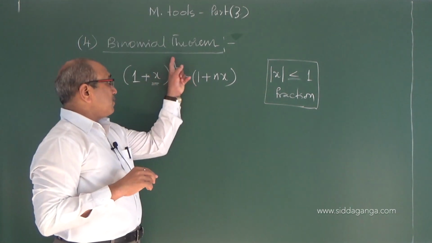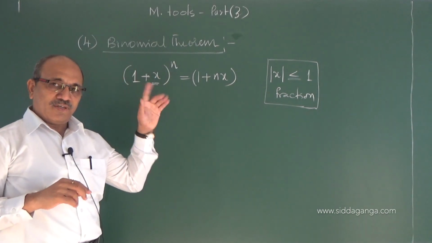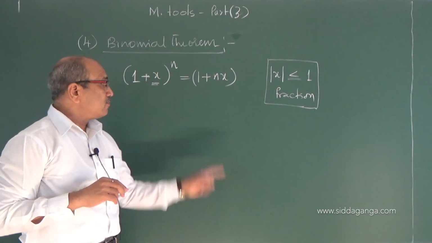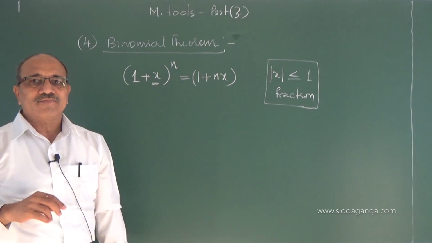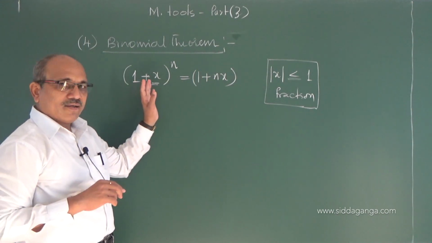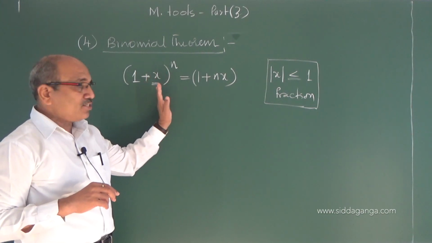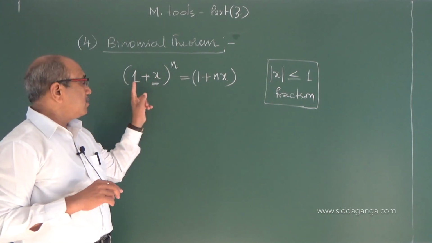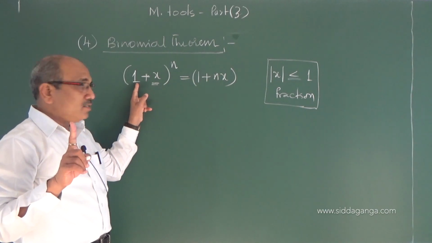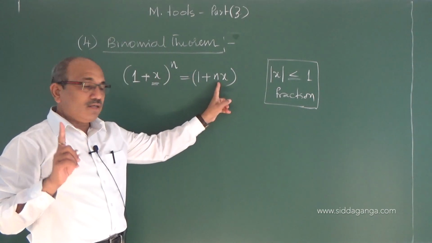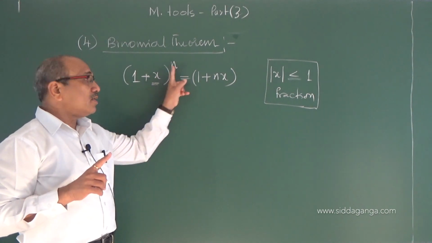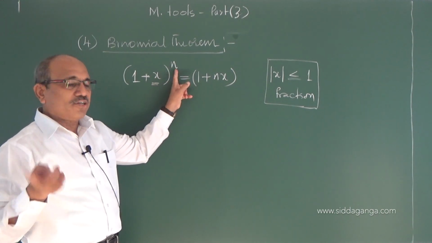The power n may be anything, plus or minus, a whole number or a fraction. The solution we have is 1 plus nx. That relation is most important. x must be a fraction, and n may be any real number, positive or negative.